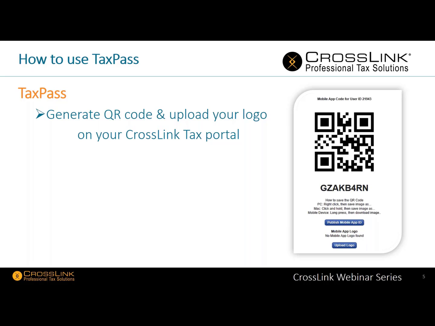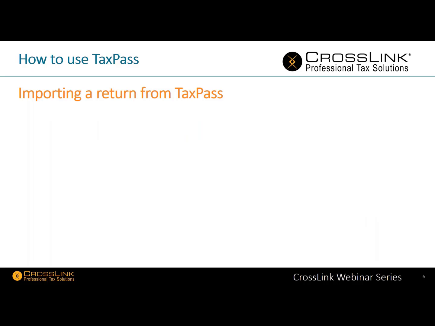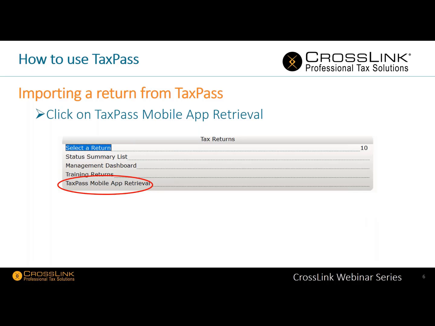And how does it show up in the software is you will see on this work in progress page, I mentioned that tax return queue. The last option there is called TaxPass Mobile App Retrieval. When you click on that, a table will then appear, and it will show you the tax returns that you have ready for import.